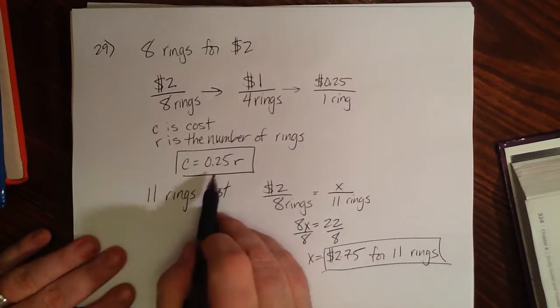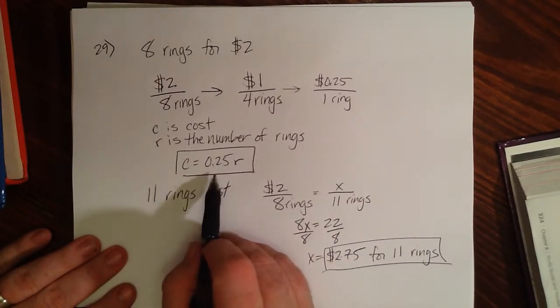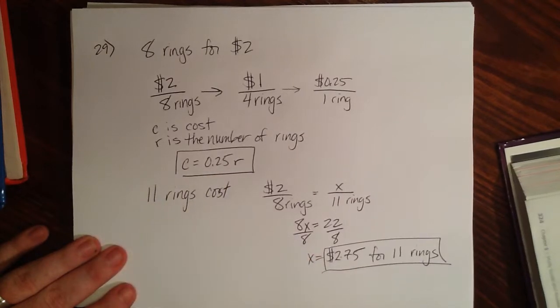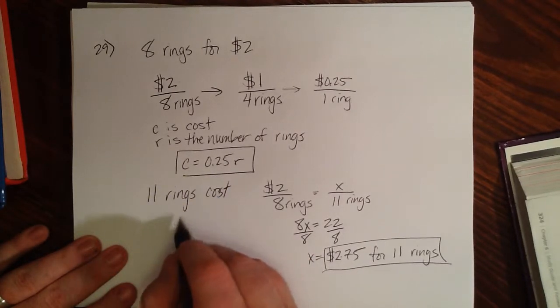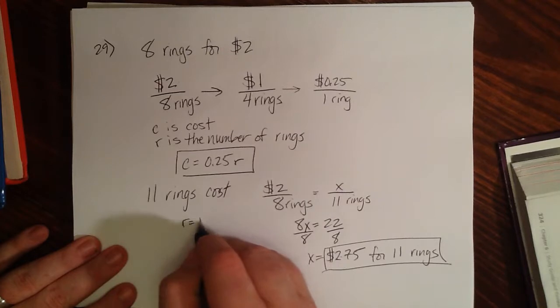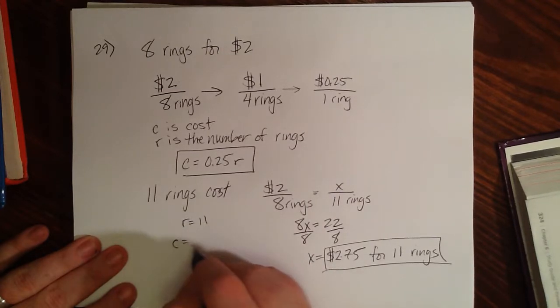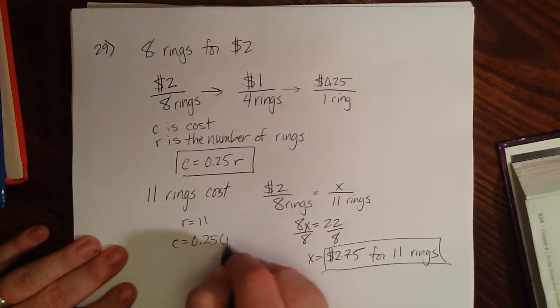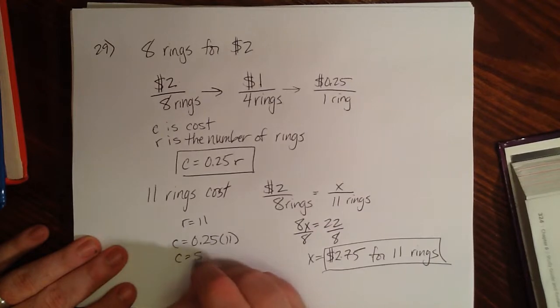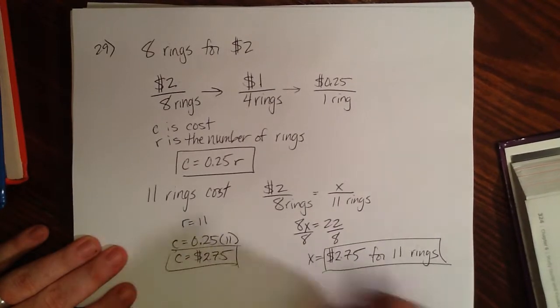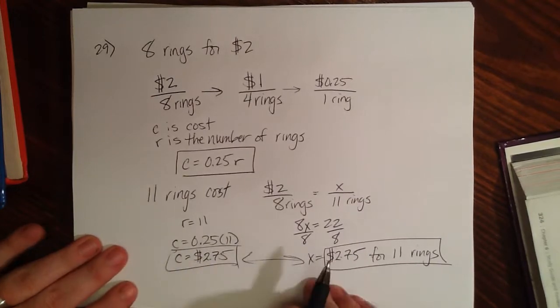Another way is you have a formula here. The cost is 25 cents times the number of rings. So for 11 rings, that means R equals 11. The cost would be 0.25 times 11, which if you do that is $2.75. So either way you want to work that.